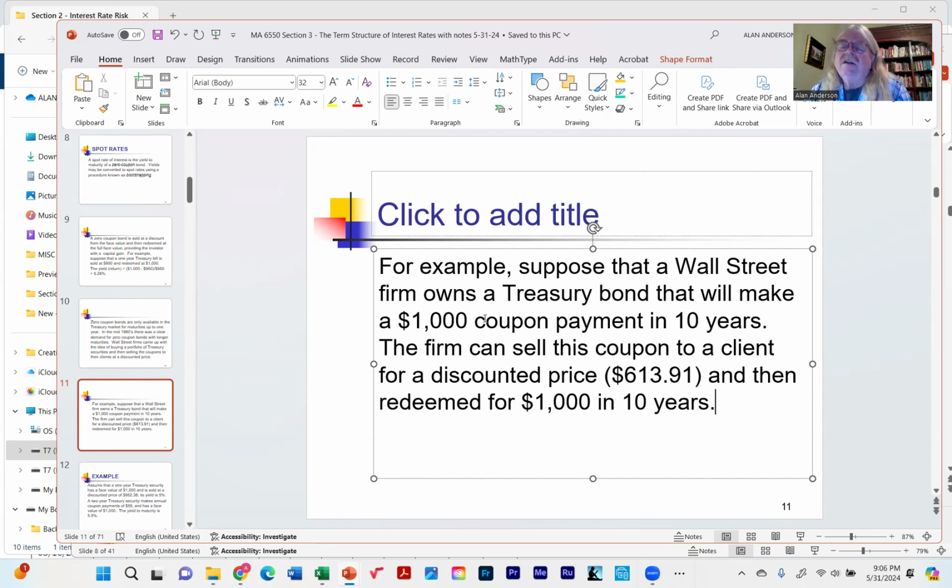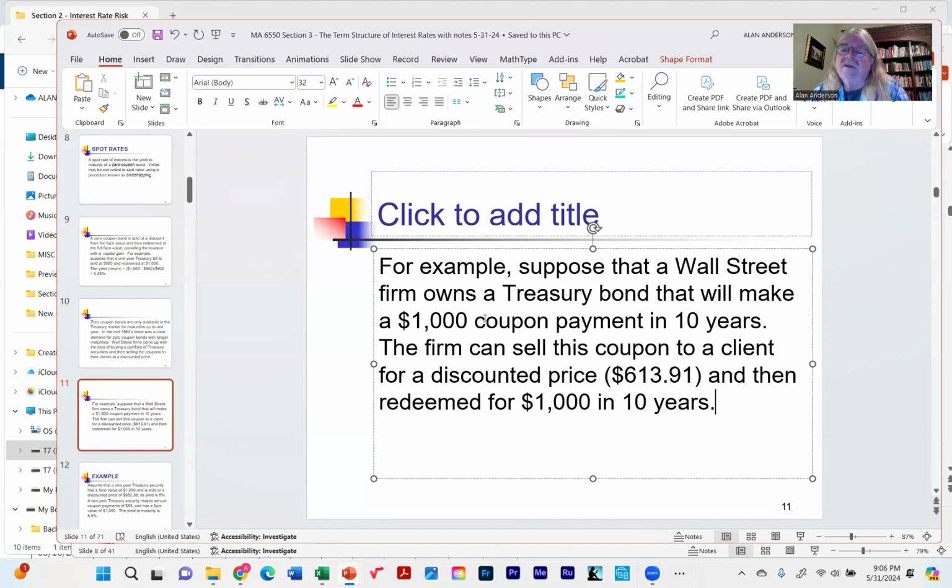In spite of the fact that the Wall Street firm is involved with this process, they're guaranteed to get the $1,000. So in other words, it doesn't really matter to them that this bond is being artificially created by this Wall Street firm. It's still, as far as they're concerned, a zero coupon bond that sells today for $613.91 and will be redeemed for $1,000 in 10 years, guaranteed.